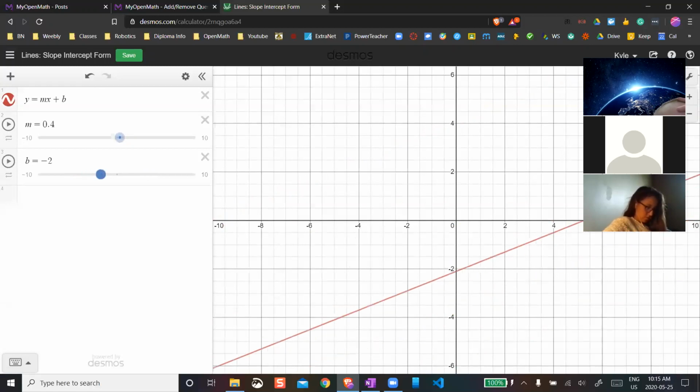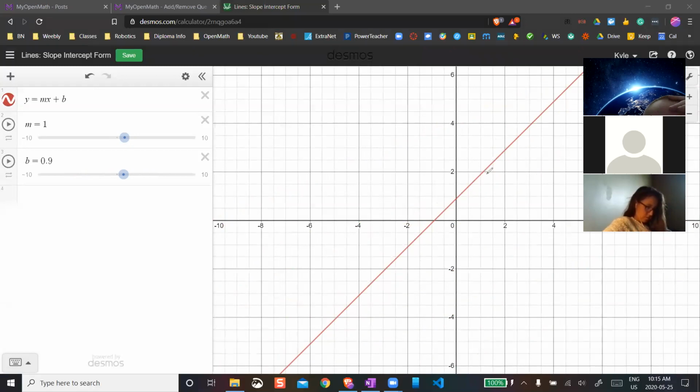And my slope, so if I put this somewhere like that, remember, a positive slope is going to mean that it's going up. Slope, remember, is your rise over your run.